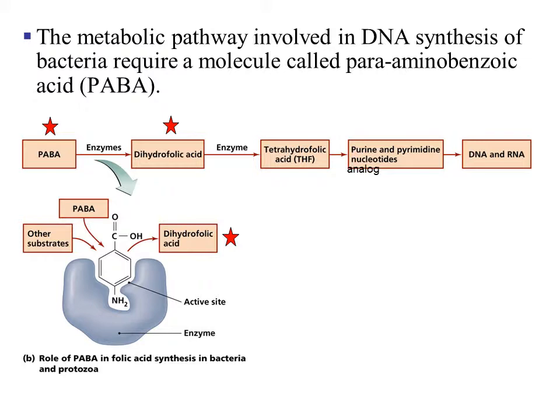The first step that must occur is enzyme 1 must convert PABA into dihydrofolic acid. If this enzyme converts its reactant to a product, then enzyme 2 must take dihydrofolic acid and convert it into the next product. This sequential event will ultimately produce DNA.